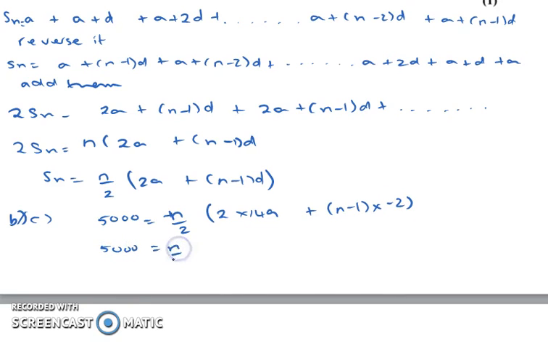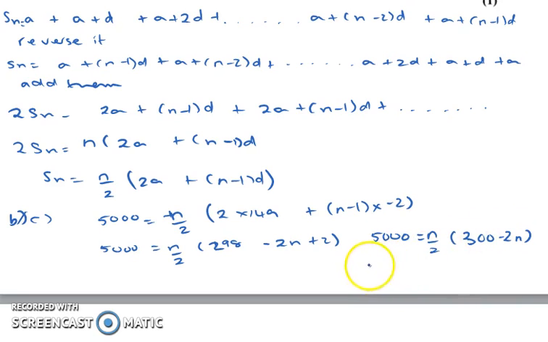Neatening that up, we get 298 minus 2n plus 2. Neatening up again, we've got n over 2, sorry, that was 298, wasn't it? 300 minus 2n. We can divide this bracket by 2.